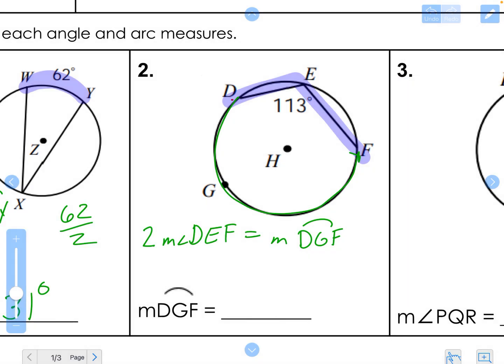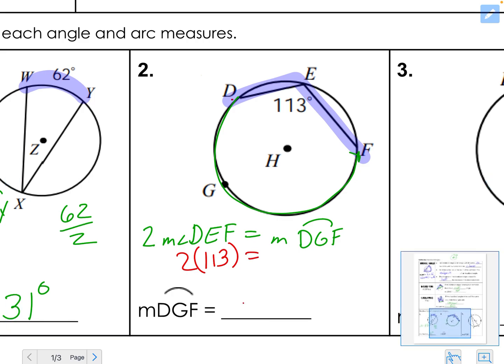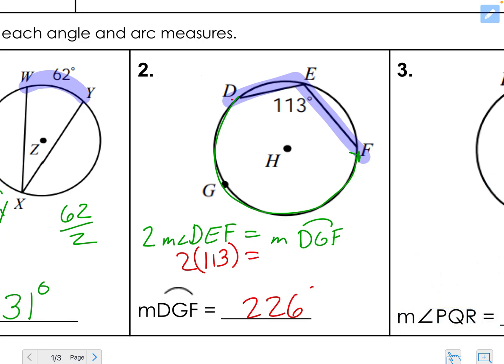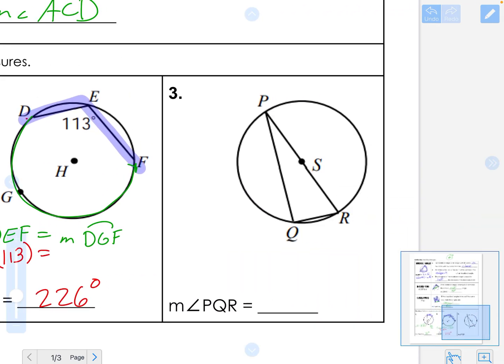What I can do is take my 113 degrees and multiply it by 2, which should get me 226 degrees. And again, if you can convert this to radians, just practice what we worked on yesterday in class.